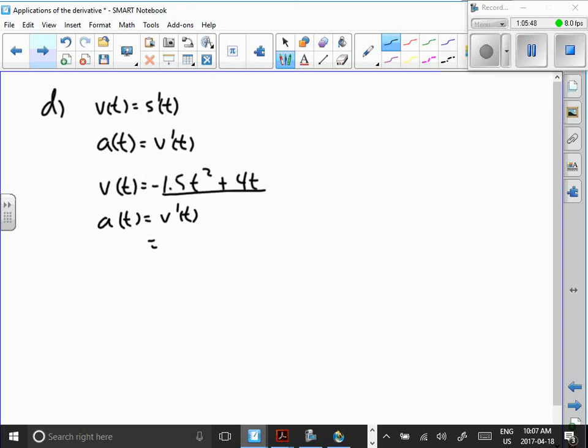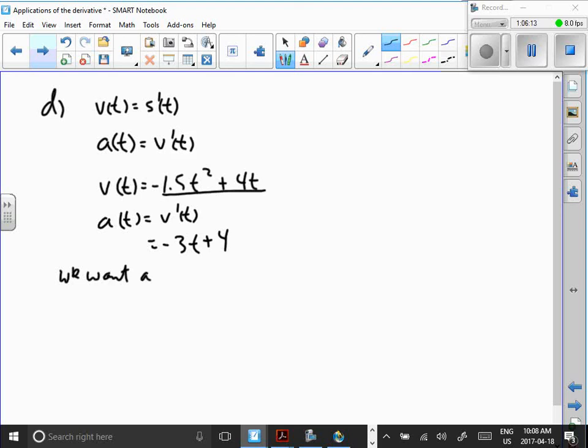negative 3t plus 4. It's a straight line. Right? So we want to know the acceleration. What do we ask for?